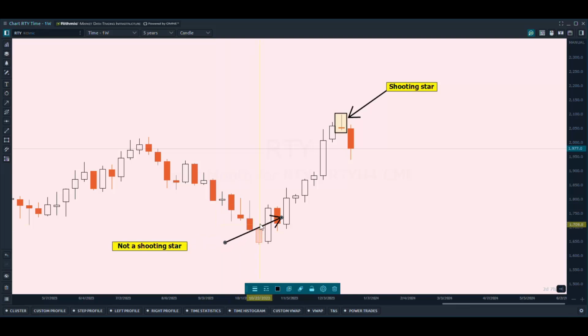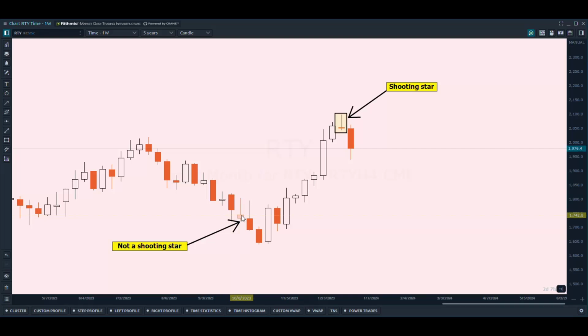As I mentioned, a shooting star occurs after an uptrend. You want to see a new high put in here at the top of the trend. And so when you have a candle like this in October of 2023, this is pretty much an inside bar. It wouldn't be considered any type of shooting star candle. The shooting star really comes from it being at the top of the trend.